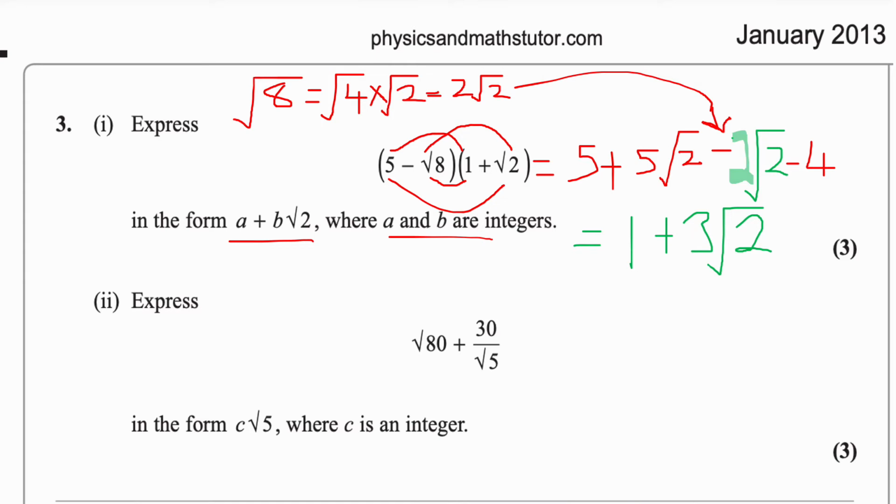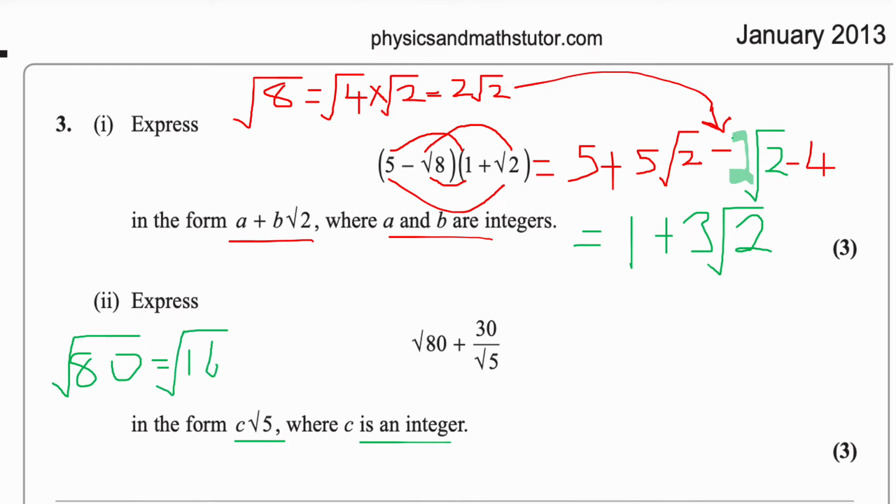Part II, express root 80 plus 30 over root 5 in the form c root 5 where c is an integer. So root 80 can be expressed as root 16 times root 5. Hint here, it's giving you the clue of root 5.